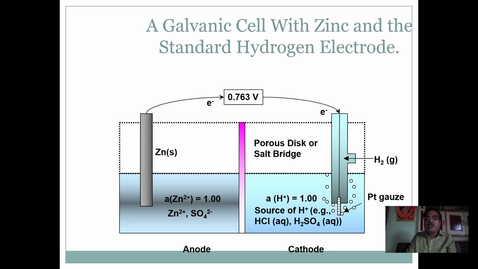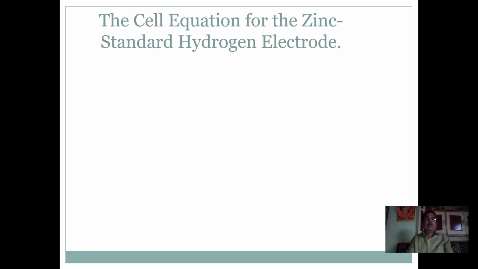That is, oxidation takes place at the zinc electrode while reduction takes place at the hydrogen electrode. For the cell equation for zinc and the standard hydrogen electrode, we first consider the cell reaction.